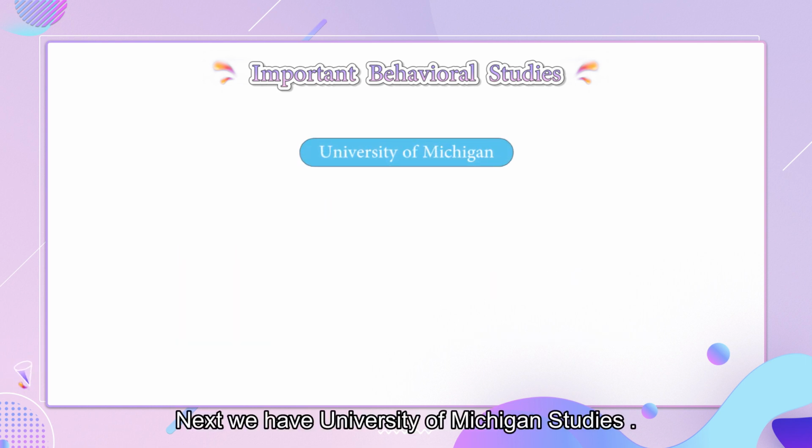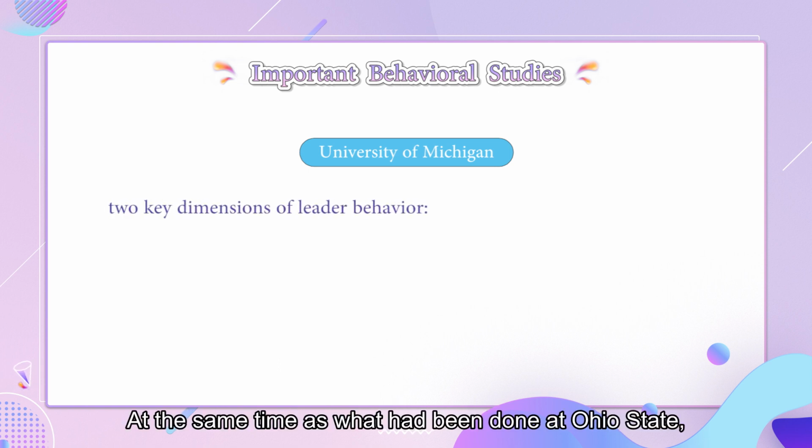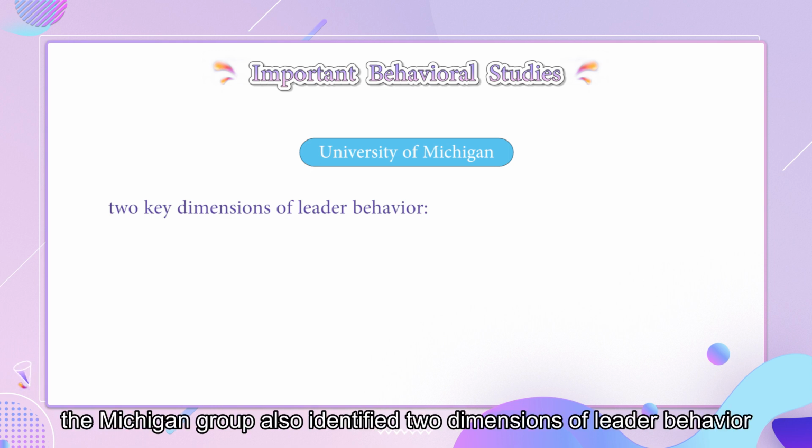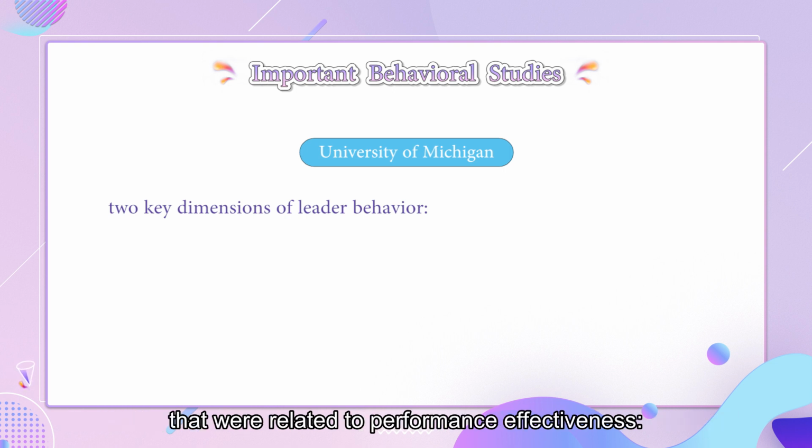Next, we have the University of Michigan studies. At the same time as what had been done at Ohio State, the Michigan group also identified two dimensions of leader behavior that were related to performance effectiveness: employee-oriented and production-oriented.